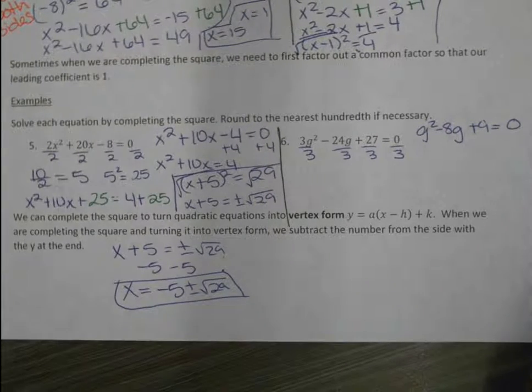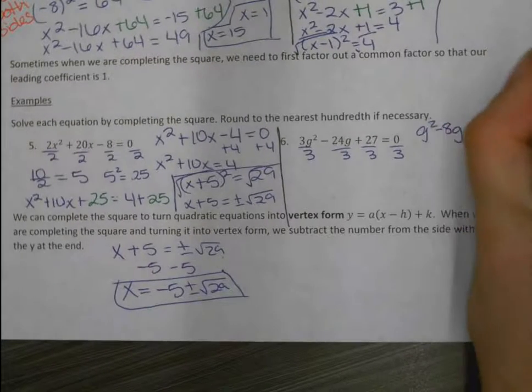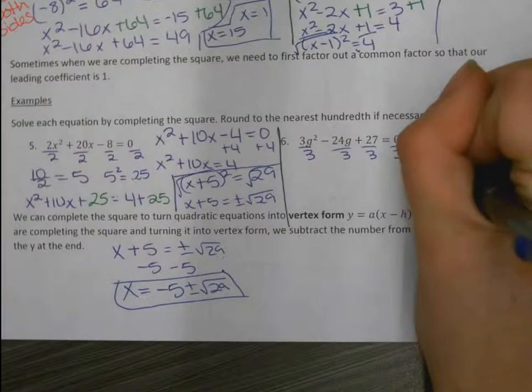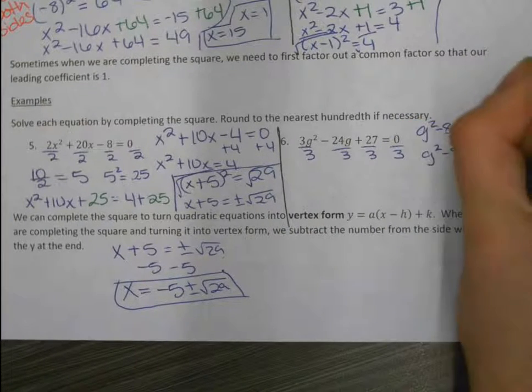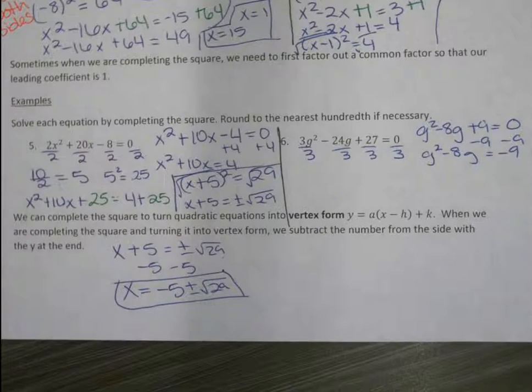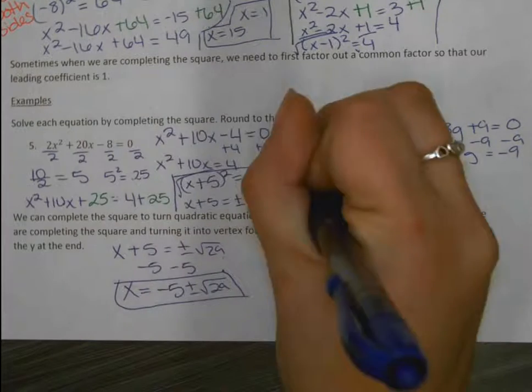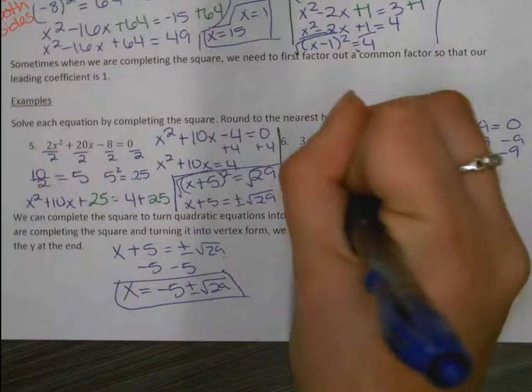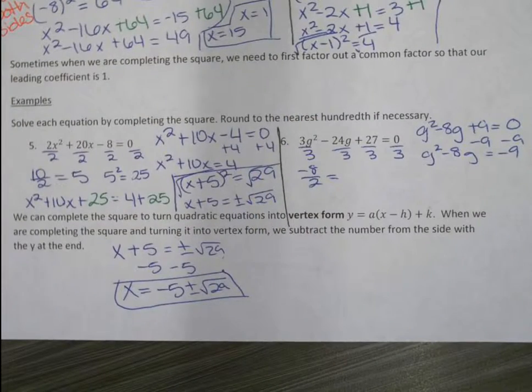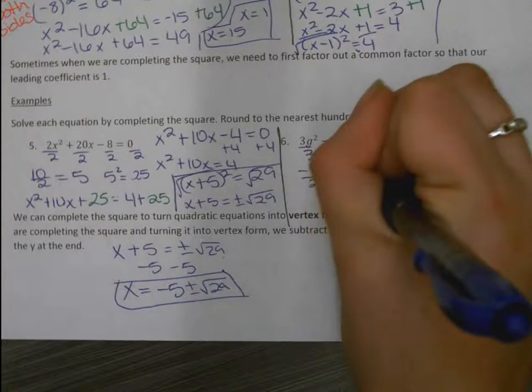Then I want to subtract 9 on both sides. So then I have g squared minus 8g equals negative 9. Then I'm going to find half of negative 8, which is negative 4.